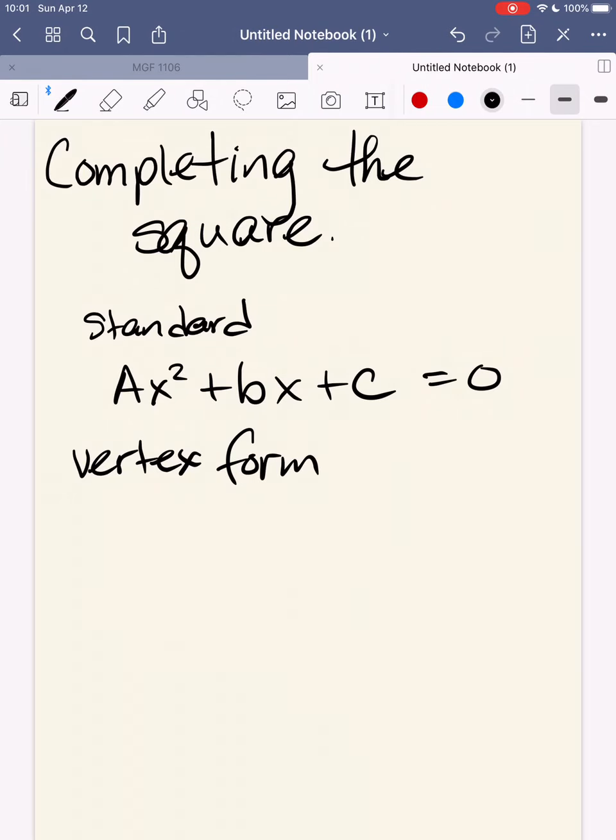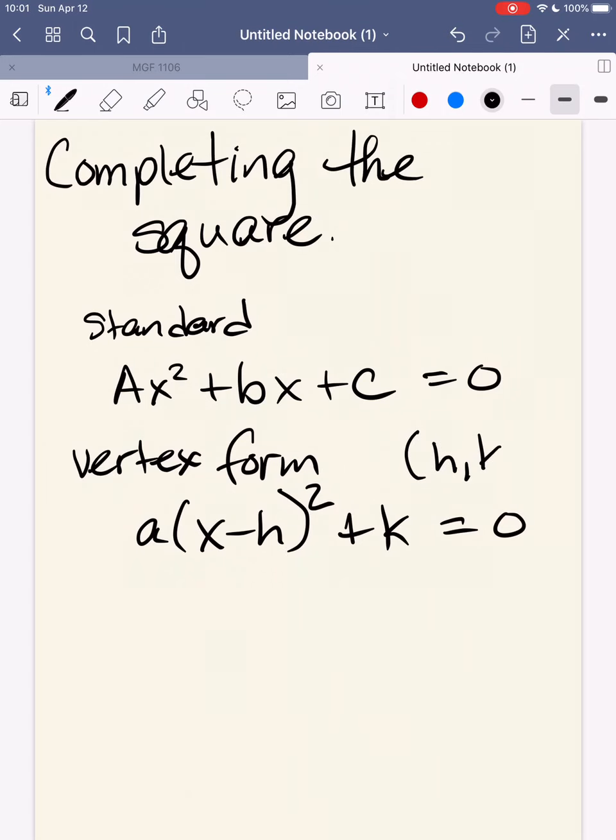Vertex form is a different shape, so it looks like this: a times (x minus h) squared plus k is equal to 0. Remember, when we graph this, we have a vertex in the form (h, k).